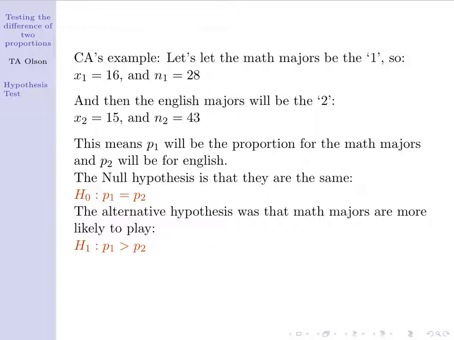Or written in terms of math, P1 is greater than P2 is our alternative hypothesis. The only other thing we need is our level of significance. Let's use 0.05. We don't have any reason to do anything else, so let's go with that.